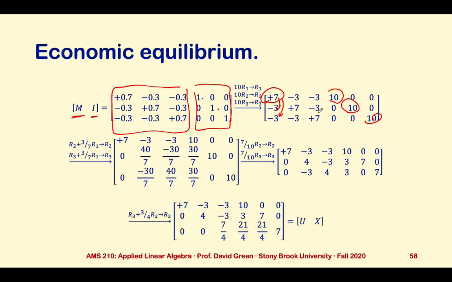This is -21/7 minus 9/7, or -30/7. 0 plus 10 times 3/7 is 30/7, and 10 plus 0 is 10. That gives us this first row. Or sorry, second row here.